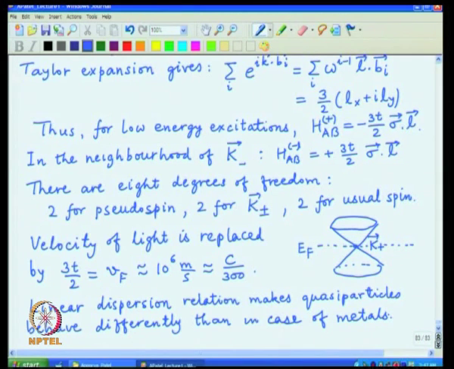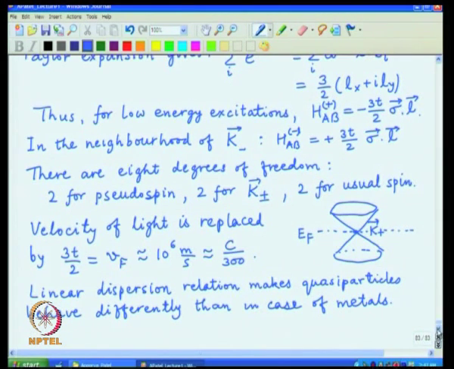In case of metals, the dispersion relation is quadratic, and on top of that we have the charge conjugation symmetry.